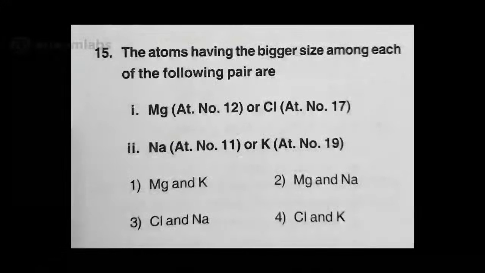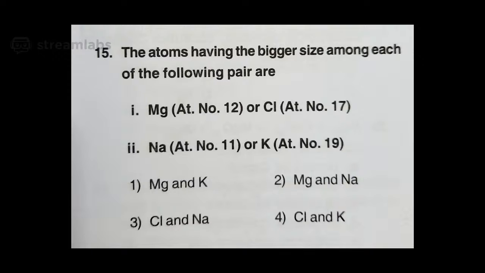The atom with bigger size among each of the following pairs are. Now you just look at the first pair: magnesium or chlorine? You just look at the atomic number. You want to decide which is bigger in size. Okay?